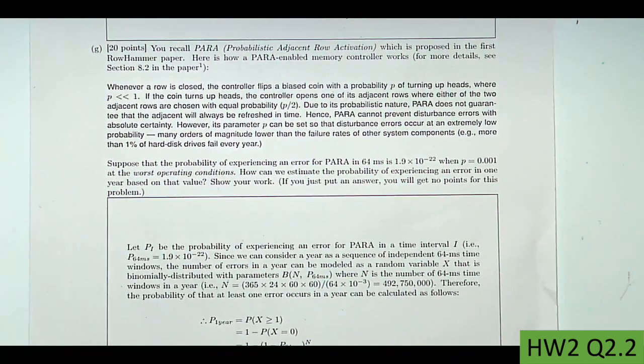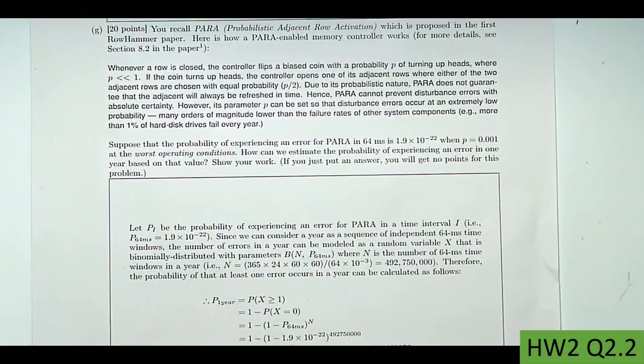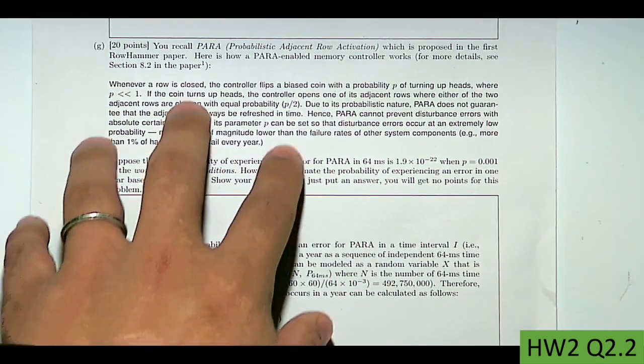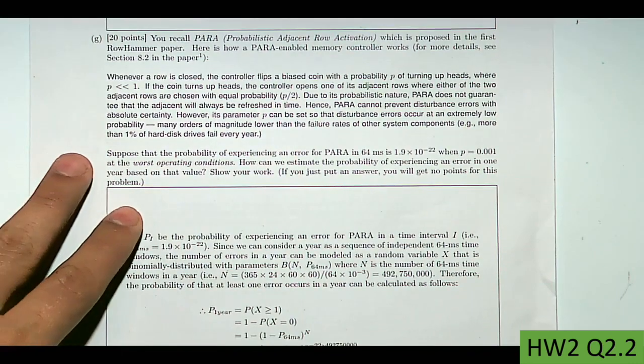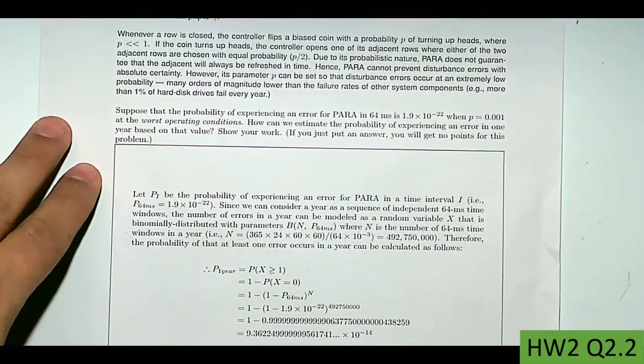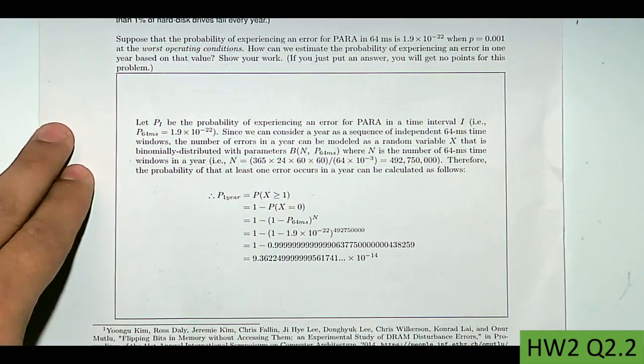And the final question: you recall PARA, which was proposed in the first RowHammer paper. Here is some description of how PARA works, and I suppose you are already aware of it.